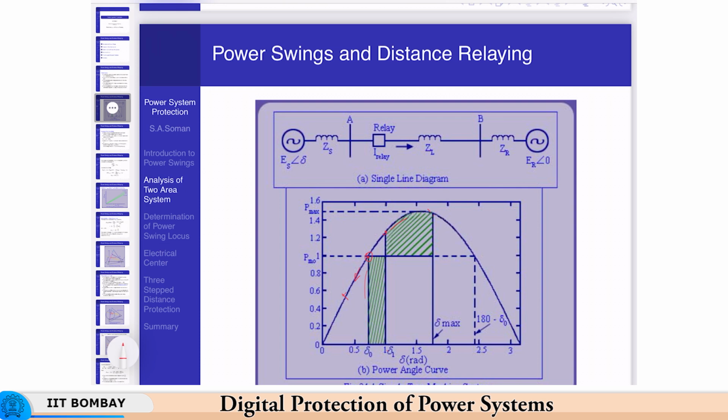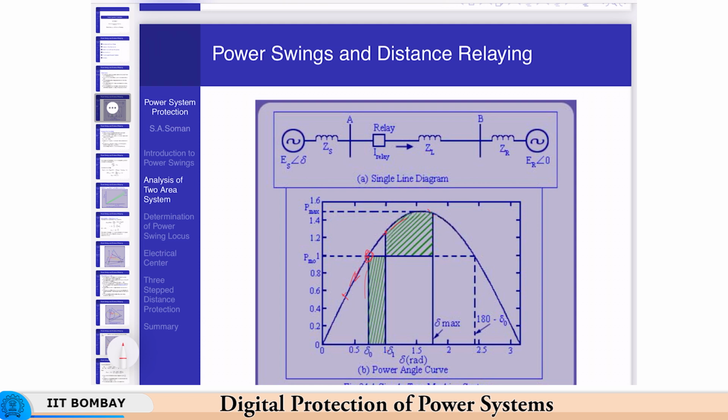But fortunately, we have damping due to electrical and mechanical components. We have damper bars in the poles, etc. So, what will happen is slowly the oscillations will reduce and eventually it will settle down to this original operating point. Now, this is a P delta curve.